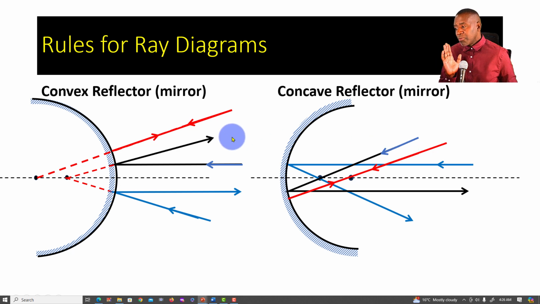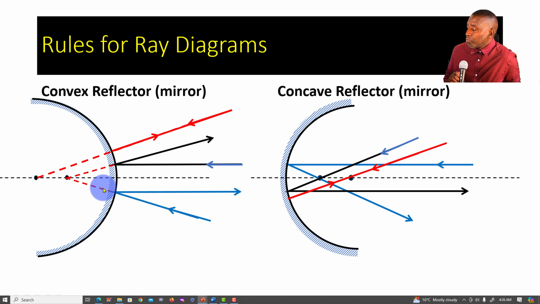Let's look at the same rules but applied now to convex mirrors. The first one was a ray of light which is parallel to the principal axis and close to it is reflected as if it is coming from F, from the principal focus. Number 2, a ray of light which passes through F or appears to pass through F will be reflected parallel to the axis.